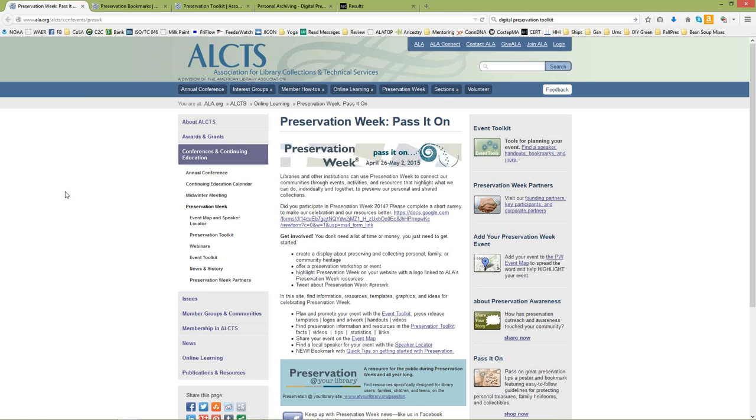Yep. So many of us, when we're doing a Preservation Week program, especially if you're in a public library, a lot of your programming is laid out for the entire year. So pretty much what you want to do is start at the very beginning.